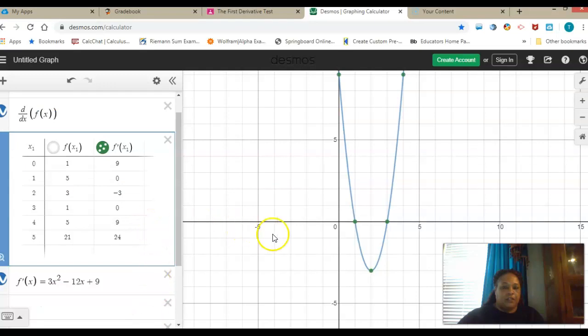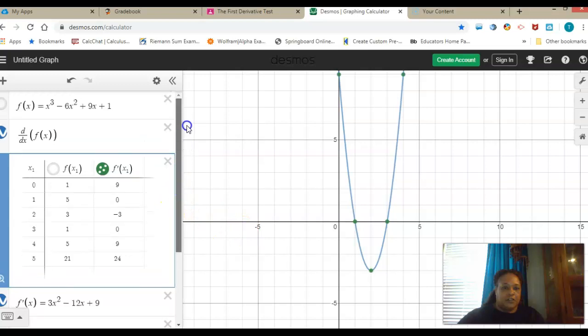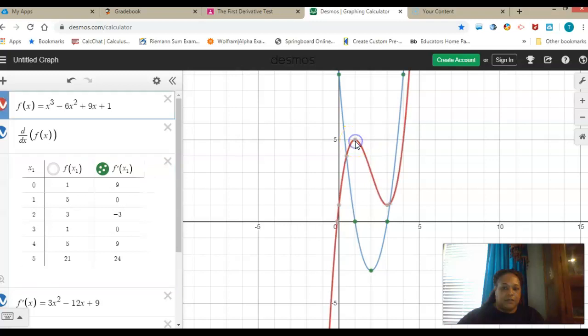If you look at my original function, it has a maximum right here, and that point is 1, 5, and then it has a relative min right here. We call this a relative max and a relative min because the real maximum is way up here in infinity, and the real minimum is down here. But this little hill happens right here.